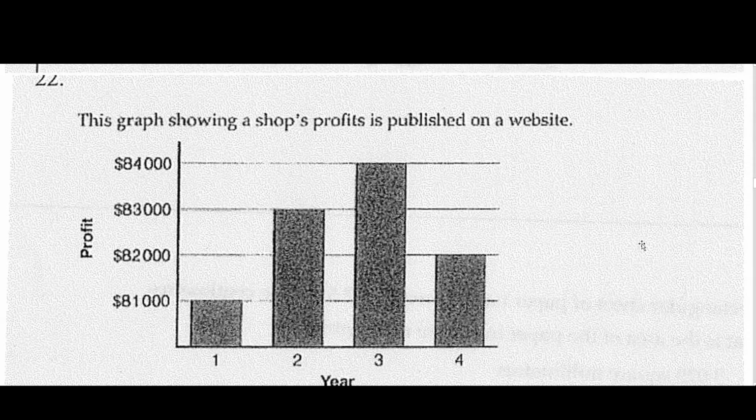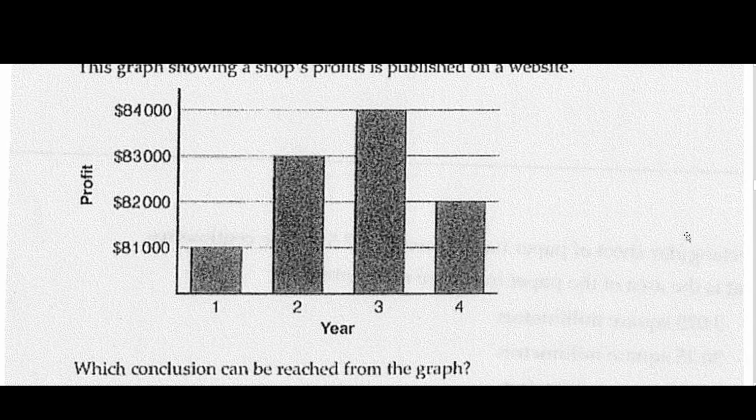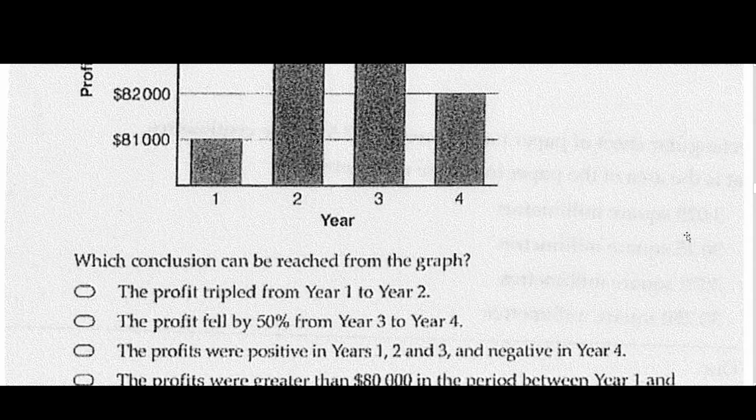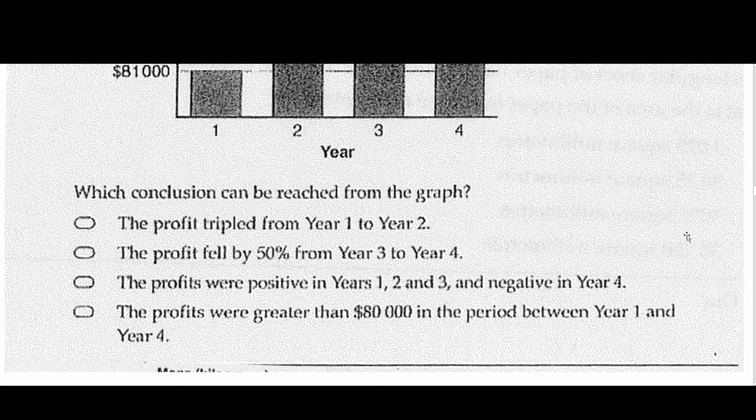Number 22. This graph showing a shop's profits is published on a website. Which conclusion can be reached from the graph? Profit tripled from year 1 to year 2.